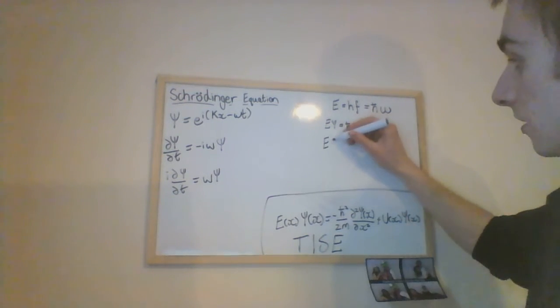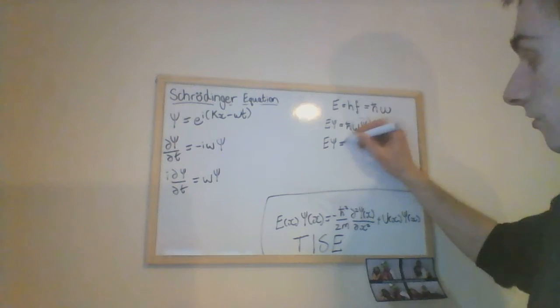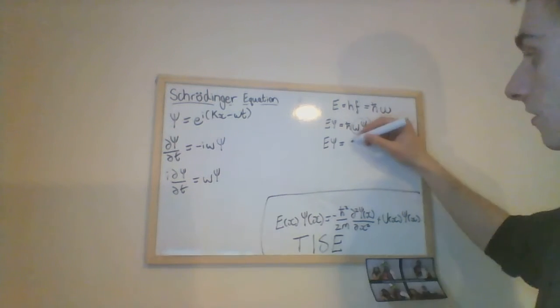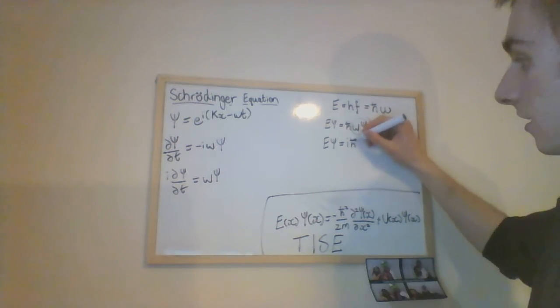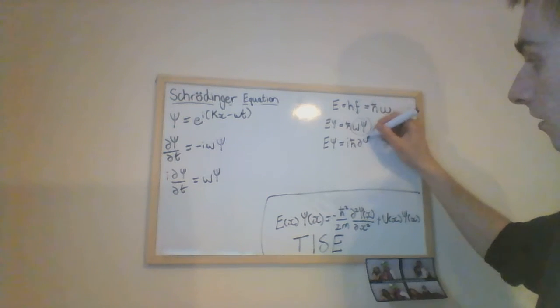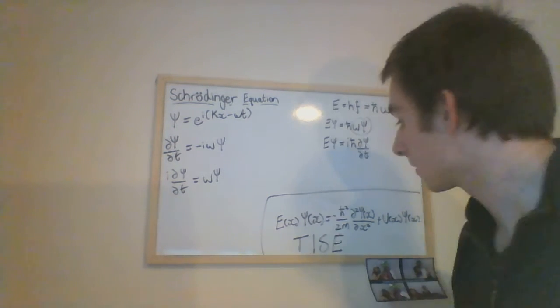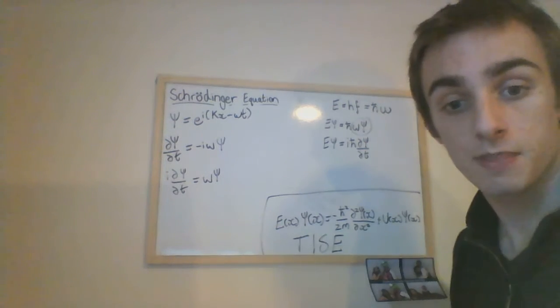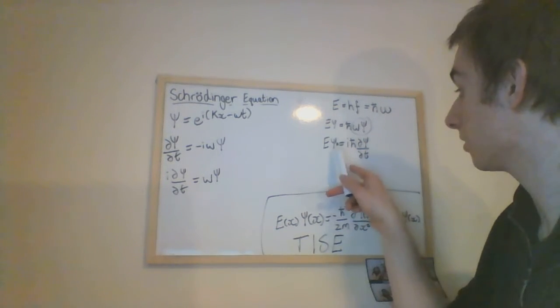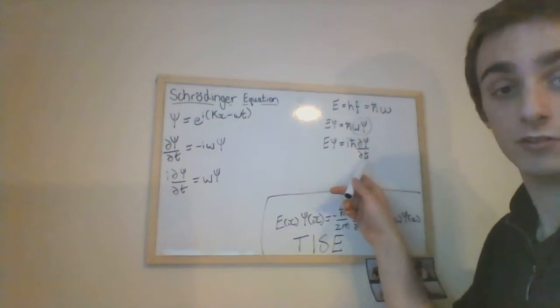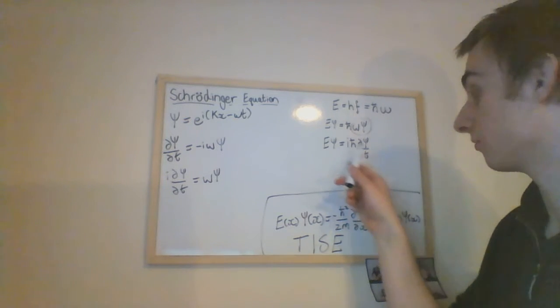So E times the wave function equals i h bar d psi by dt. Okay, now we have an expression in terms of t. All of this is in terms of t.